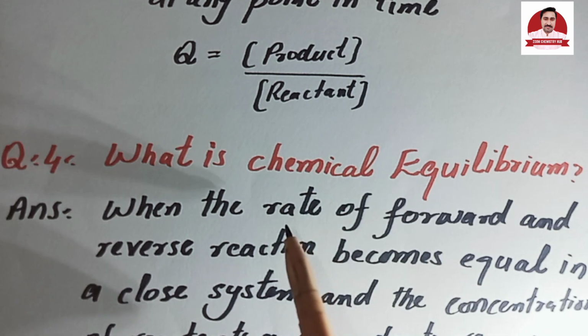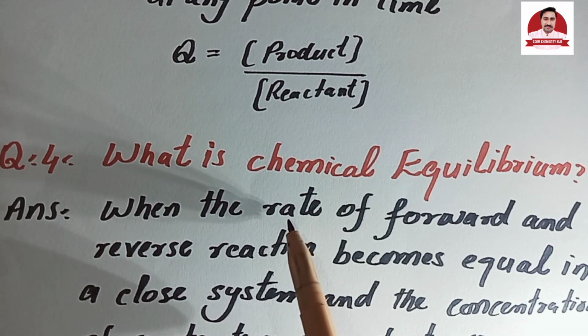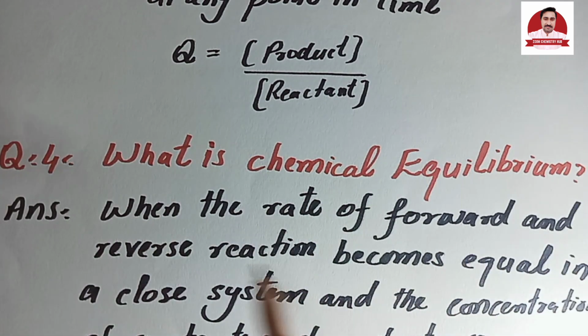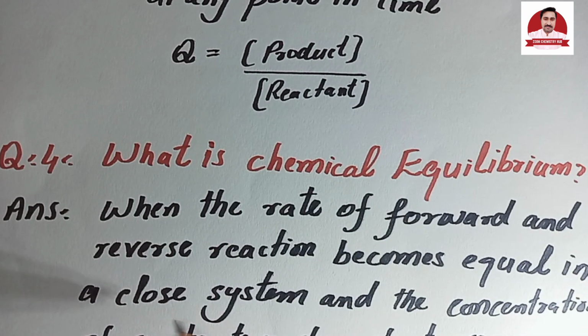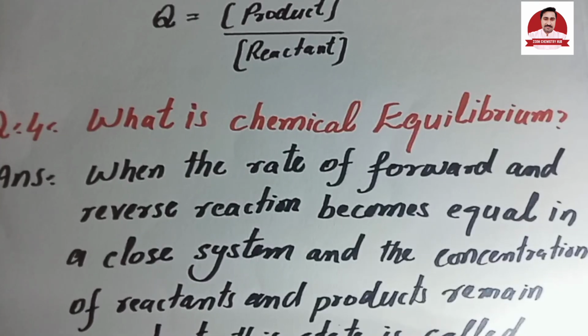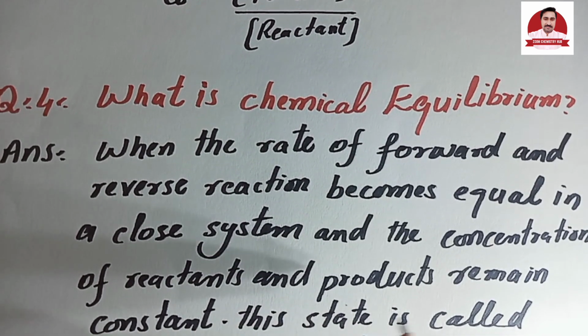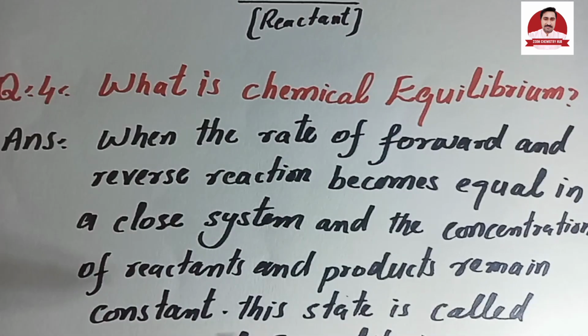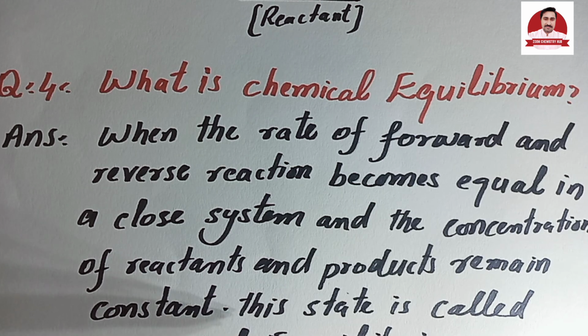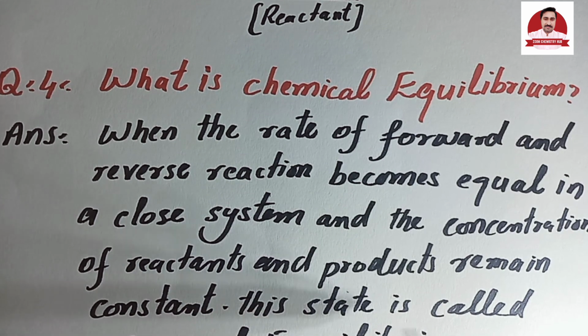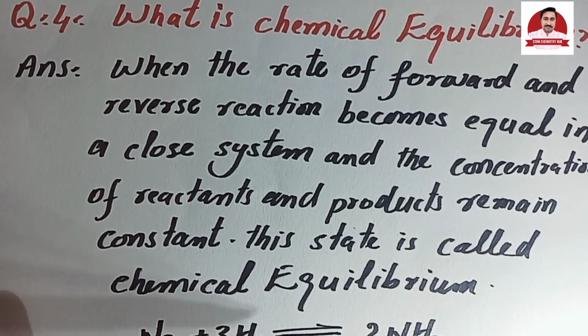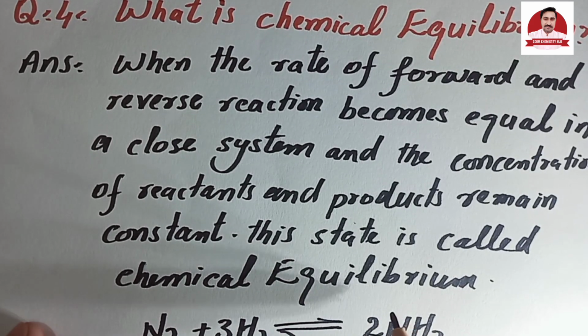Here the rate means the speed of forward and reverse reaction becomes equal in a closed system, and the concentration of reactant and product remain constant. This state is called chemical equilibrium.